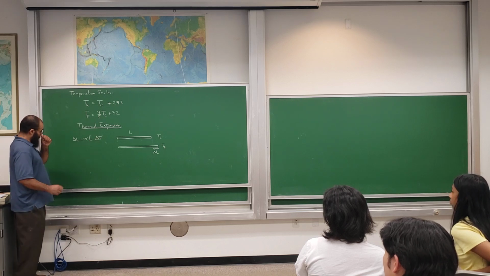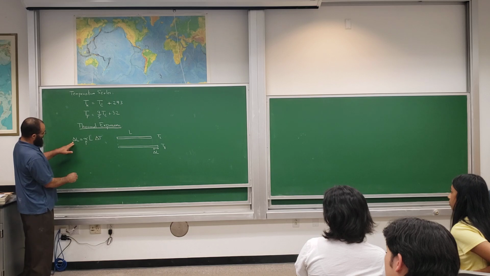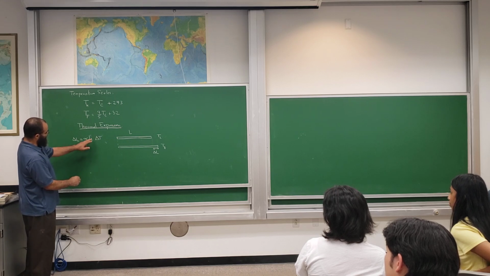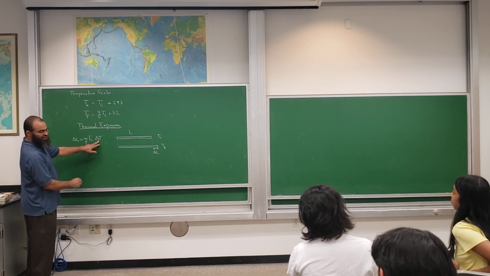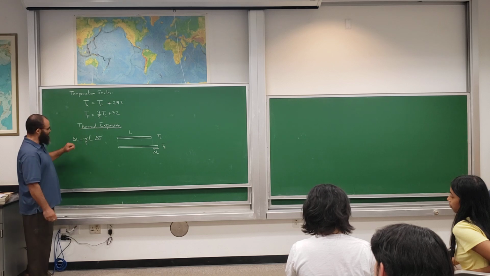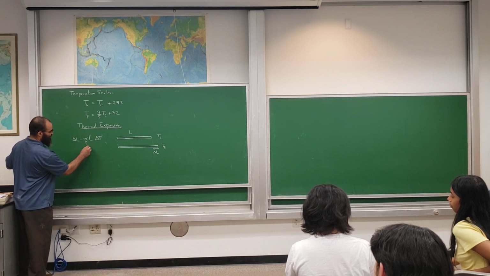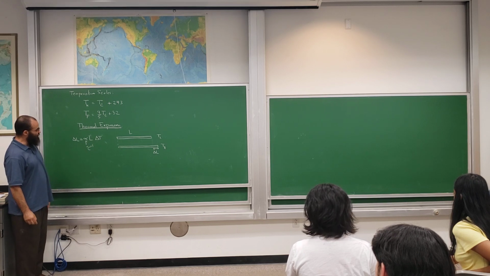Okay. And alpha will have what units? Well, I want meters on the left. I have meters here, so meters, tens of meters. I have a dimensionless quantity here. This is degrees Celsius or Kelvin. So this one needs to be inverse degrees Celsius or Kelvin. So we have units of 1 over degrees Celsius, so degrees Celsius to the -1.